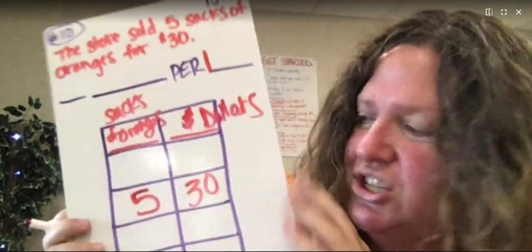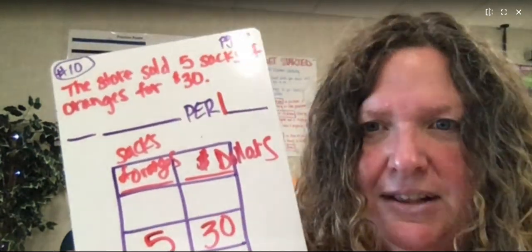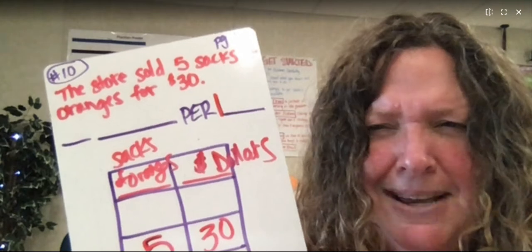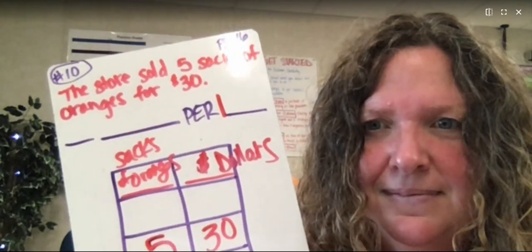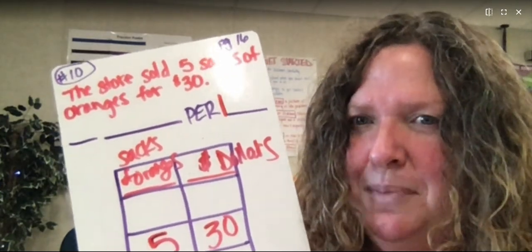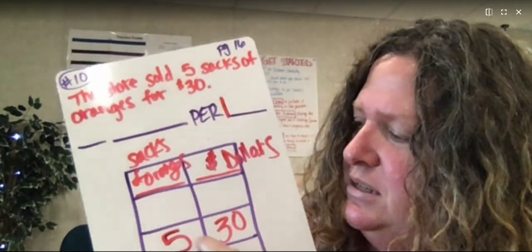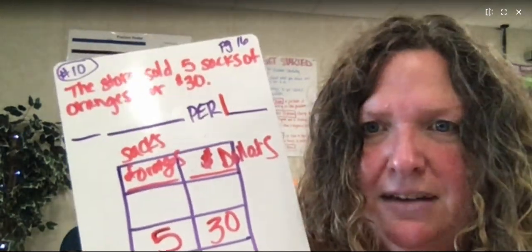All right. So if 5 sacks of oranges cost $30, how can I figure out how much 1 cost? There are a lot of ways, but you might be thinking, what if I just divided that by 5? What if I divided each side by 5?